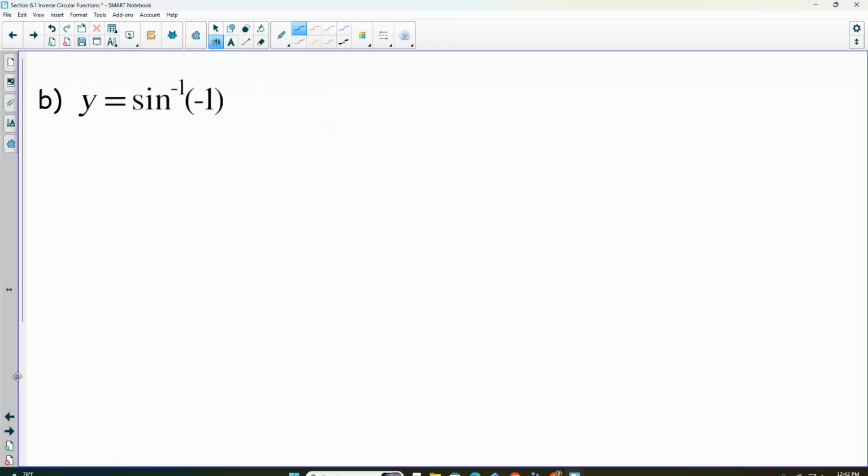If I look at this, sine inverse of -1. So again, it's sine inverse. I know sine inverse can only exist in quadrants 1 and 4. If it's negative, which one would I be in? 4. So I'm saying when in quadrant 4 is sine -1?